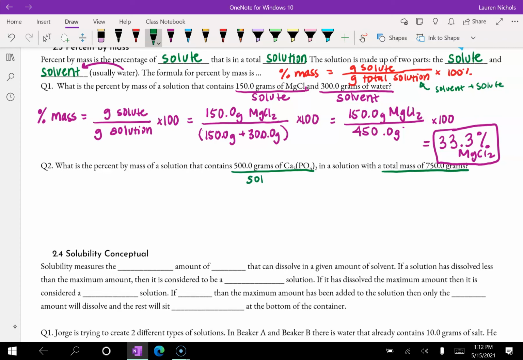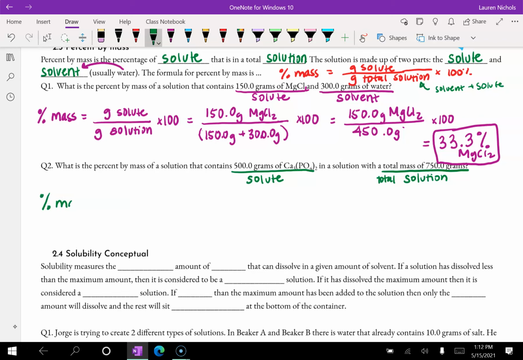So here we've got our solute, but that word total, or if you were to see the word solution, okay, this is our total grams of solution. So that means it's already added together for us. We probably have about 250 grams of water.